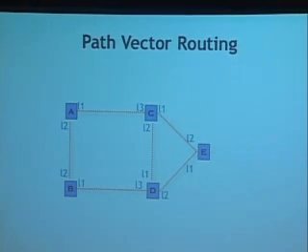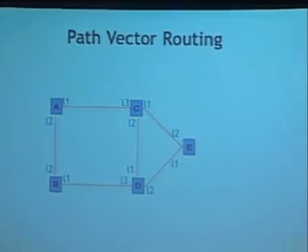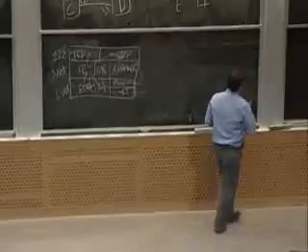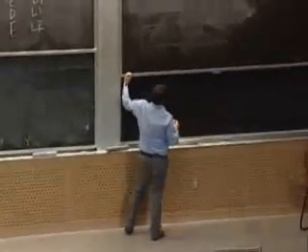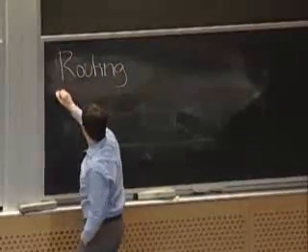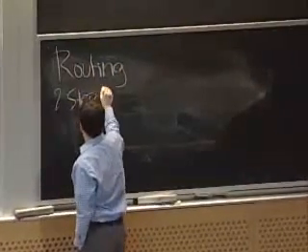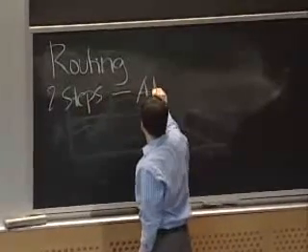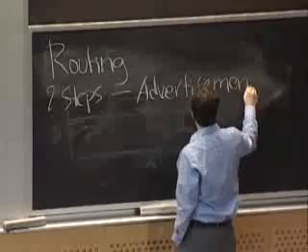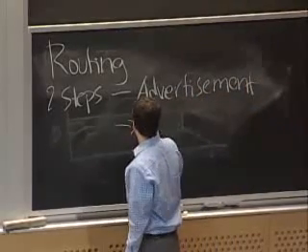And the way that this is going to work is we're going to have 2 steps. So routing is going to consist of two steps: an advertisement phase, or an advertisement step, and an integration step.